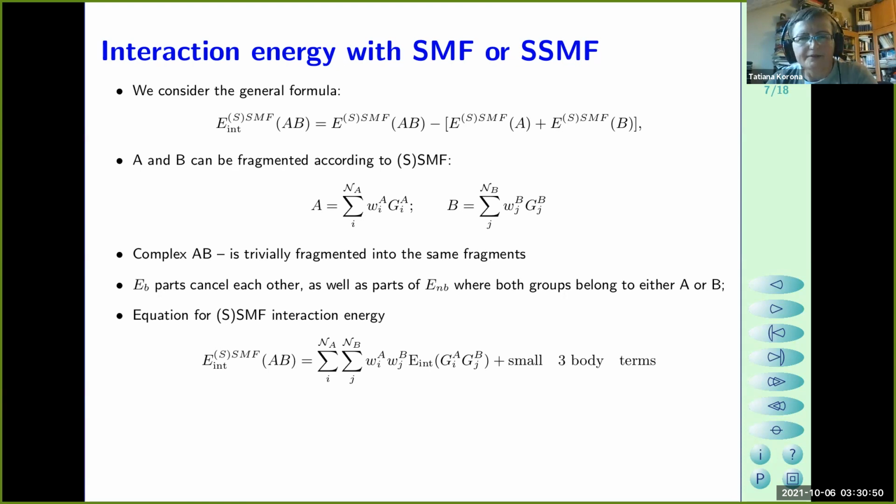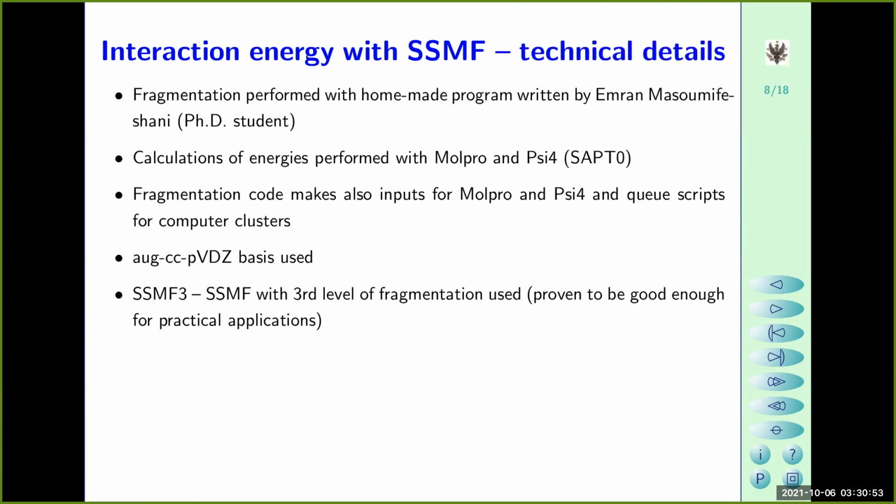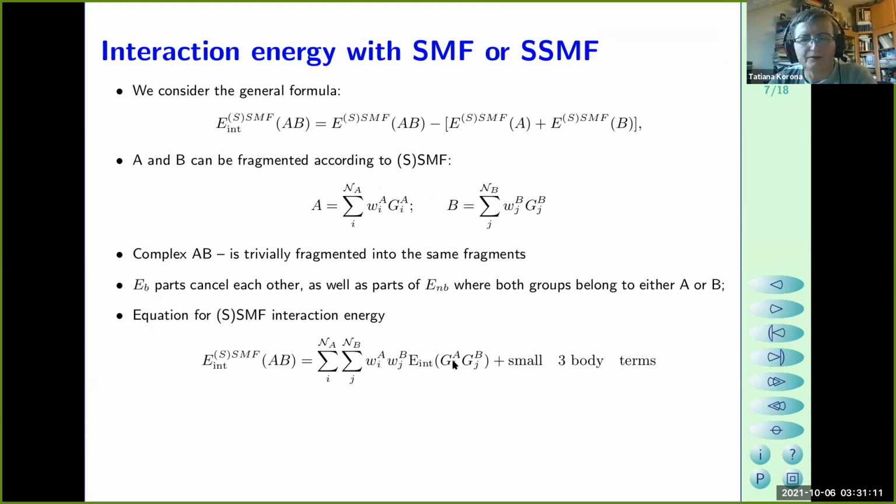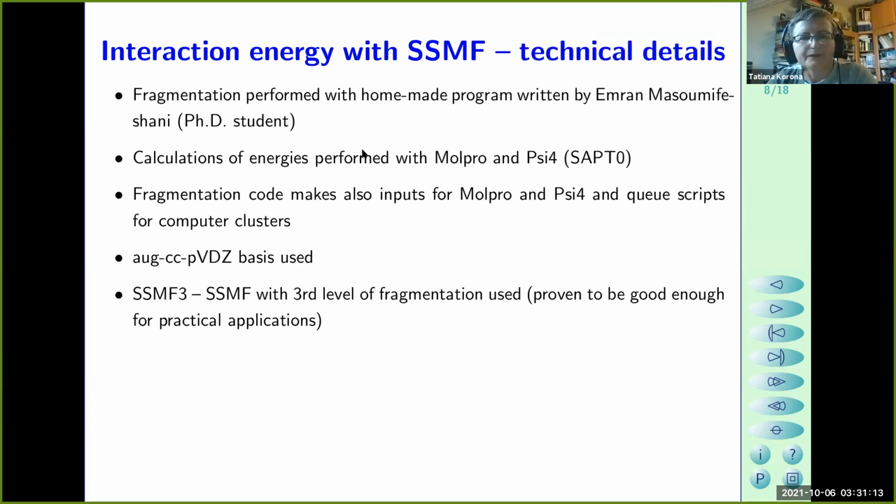So let us see how this approach works. It should be emphasized that this approach does not require any extra programming, because these interaction energies can be calculated with the standard codes. The fragmentation was made with a homemade program written by Emran Masumi-Feshani, who is my PhD student.